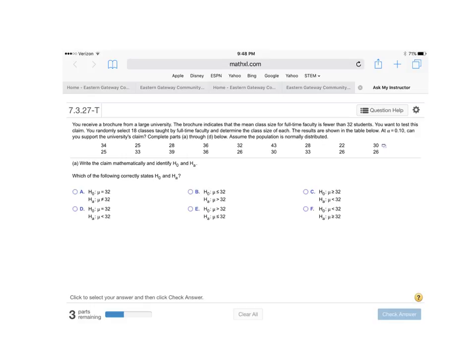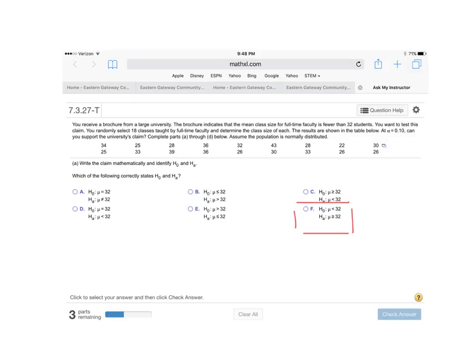So the claim that is made is that the mean class size is fewer than 32 students, and you therefore believe that it's actually greater than or equal to 32 students, which is why the appropriate null and alternative hypothesis would be what we see in F. The claim is that mu is less than 32, and you believe that mu is greater than or equal to 32. So now the question is, how do we go about testing this claim?